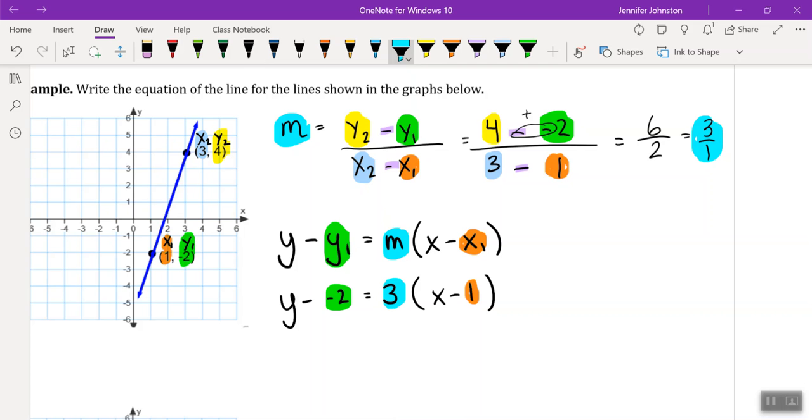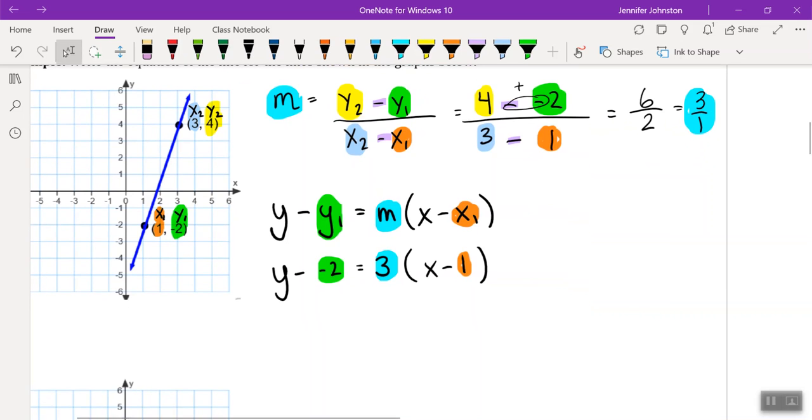There we go. This looks very similar to what we did last unit. So now we have, I'm just going to simplify this a little bit. The two negatives give us a positive, and we can also expand and bring that +2 to the other side. I'm going to bring that +2 to the other side in just a minute after we expand. 3 times x, 3x, and 3 times -1, that's -3.